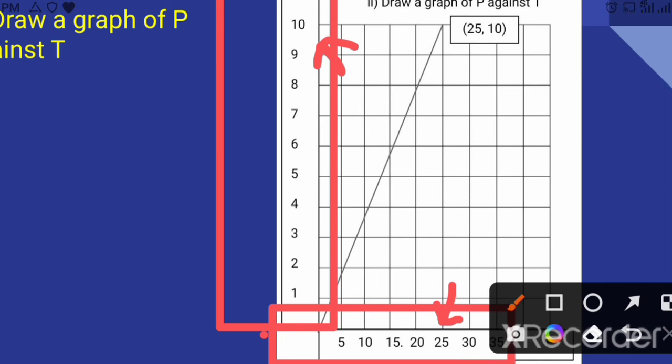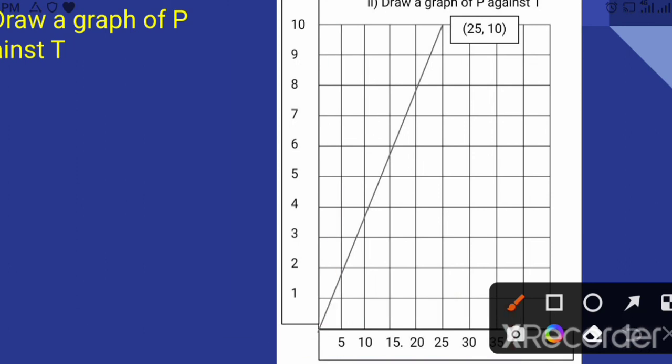So this is how first we have written these values, and then just drawn a line starting from the cross point, the origin of the graph. We have drawn a line starting from the origin, and we will see where both values of P and T cut each other.